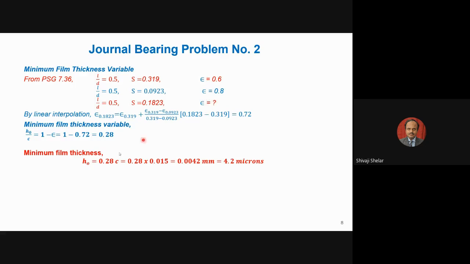To determine this corresponding epsilon value, we have done the calculation here, starting with the reference value. This is the reference value. For this reference value, the epsilon value is equal to 0.6, so this value is put here. Then the next value is 0.8, so this value is put here.